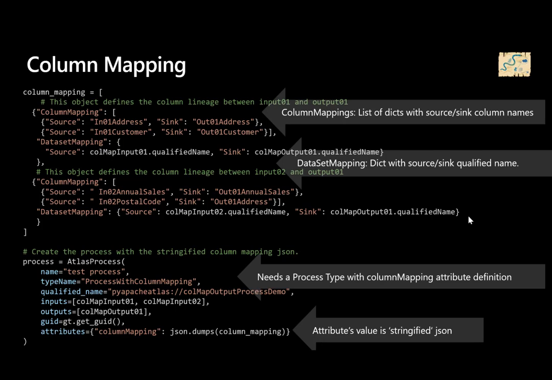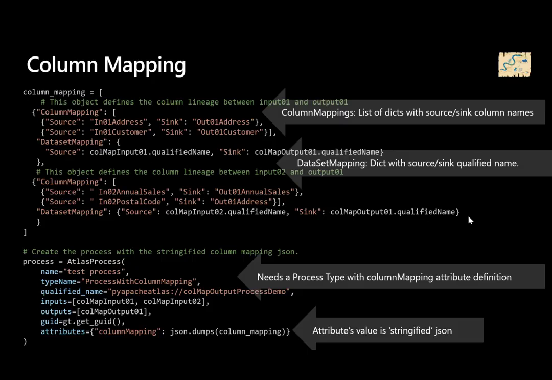You cannot have a source without a sink in this case. It just won't display in the UI. So the column mapping, again, takes in this array. You can then pass in as many columns as you have for source and sink for this particular dataset mapping. And the cool part, again, is that each one of these objects that contains column mapping and dataset mapping are independent.